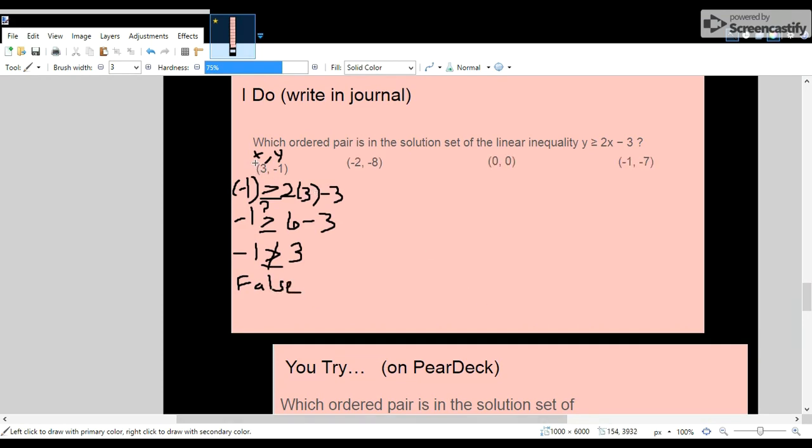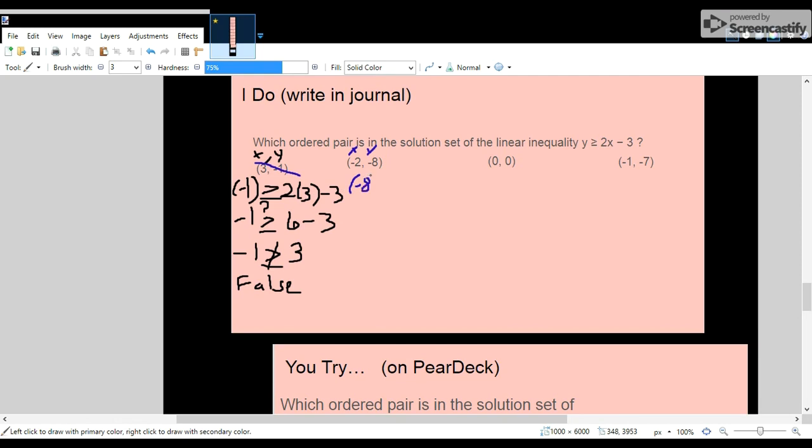Okay, so this ordered pair would not be a solution. Okay, let's do the next one. -2, -8. Wherever we see an x, we're going to substitute it with -2. And wherever we see a y, we're going to substitute -8 in. So it'll look like this.